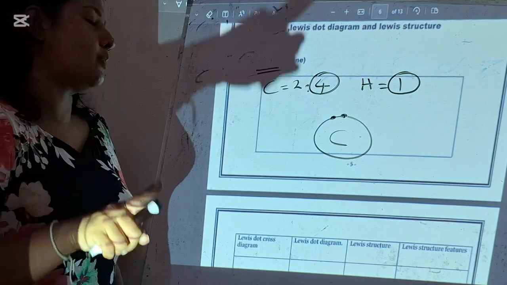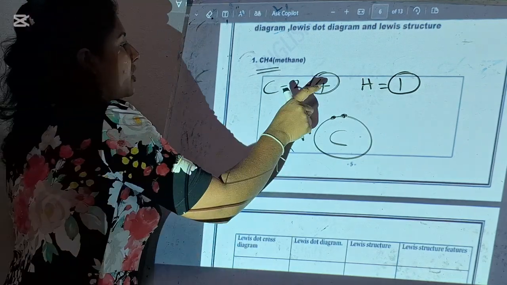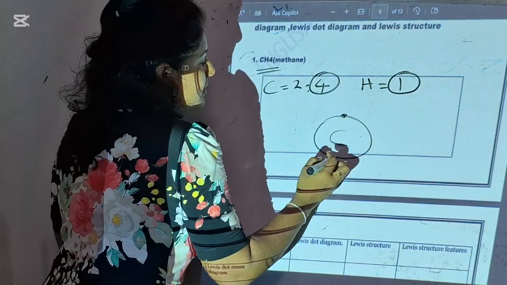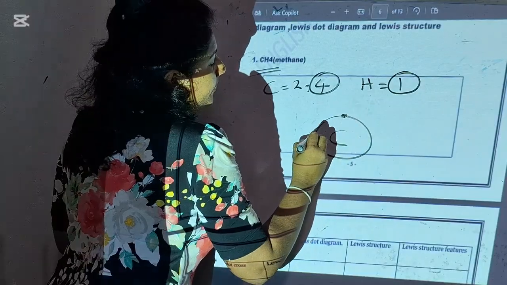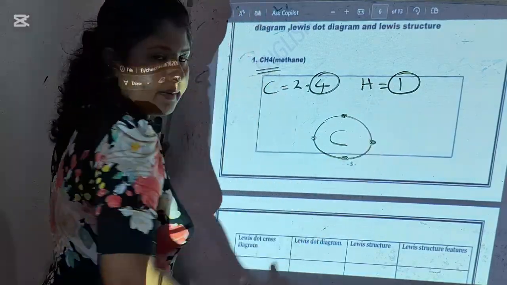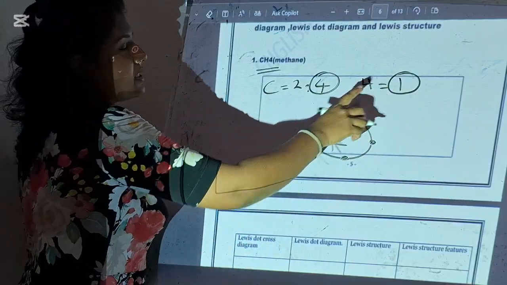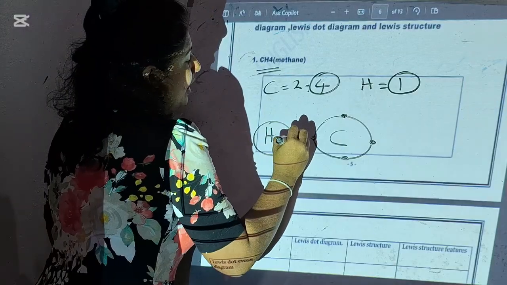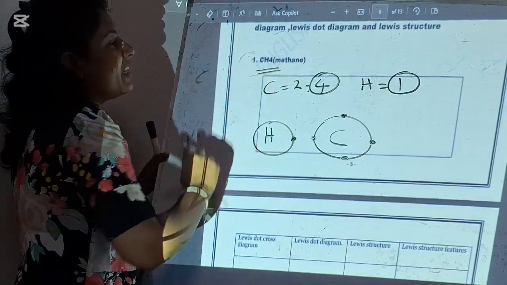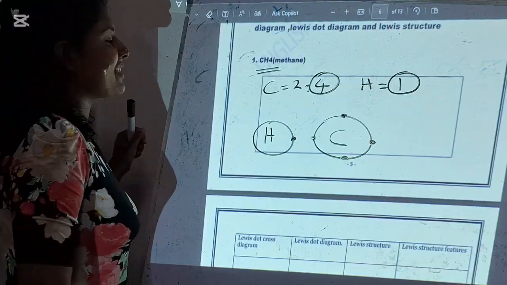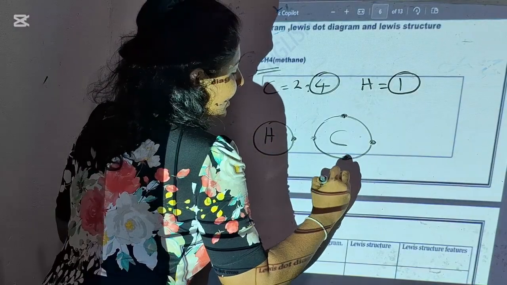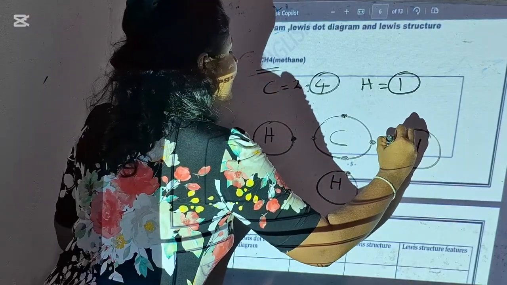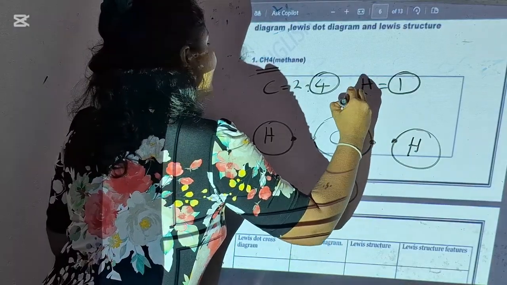So the last shell contains 4 electrons: 1, 2, 3, 4. Hydrogen gives only 1 electron. How many hydrogens are there? 4 hydrogens in methane. Another hydrogen like this, another hydrogen like this.